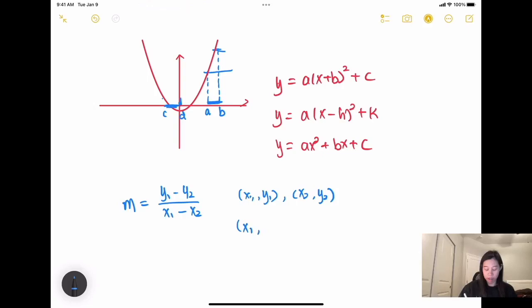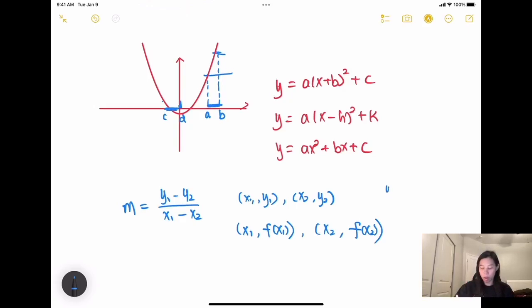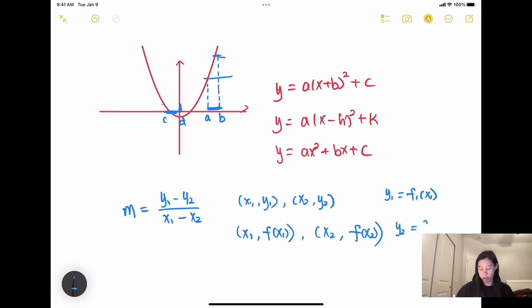We write the points as x1, f of x1 and x2, f of x2. It's the same thing. Remember, y1 is equal to f of x1 and y2 is equal to f of x2.